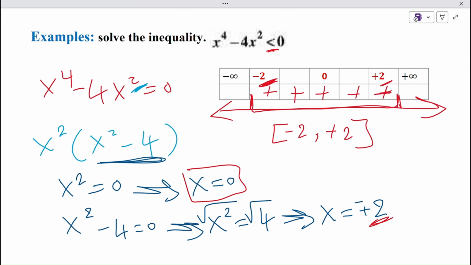But outside of these values, all will be negative. Okay, our solution is between minus 2 and plus 2. And this was about today's lesson.